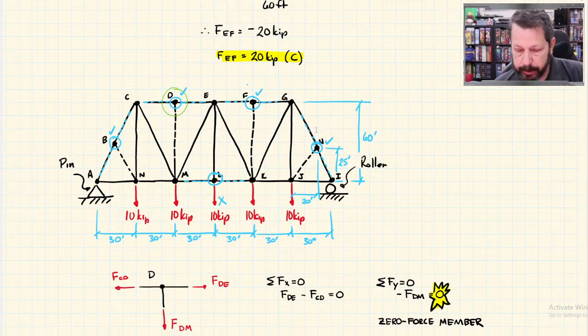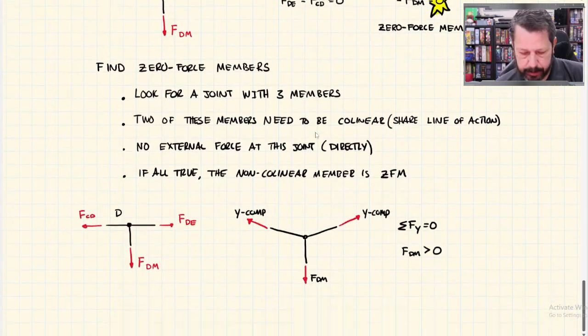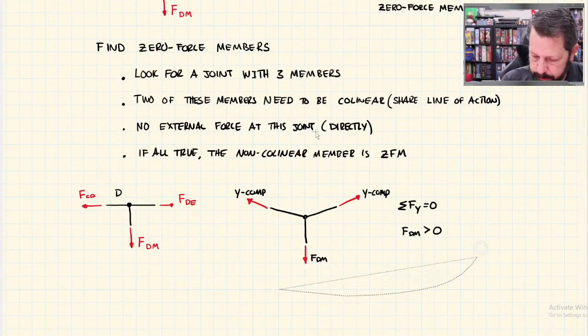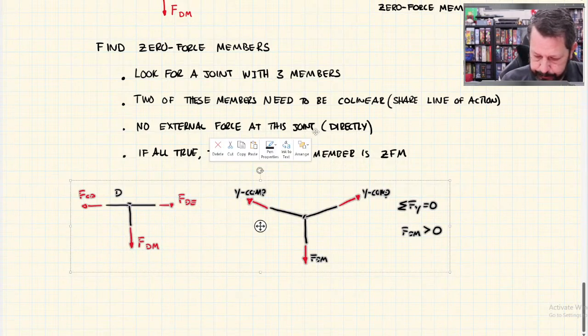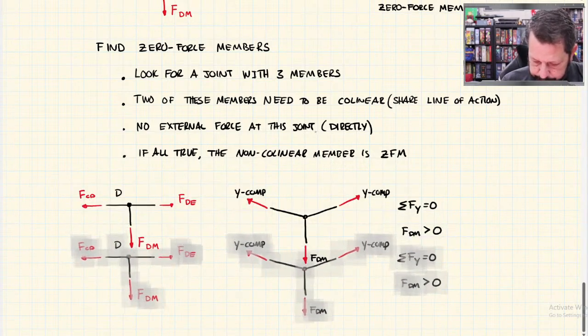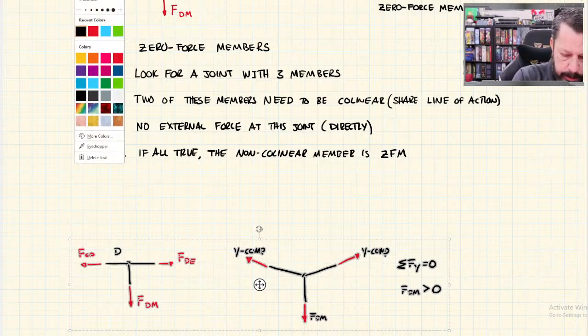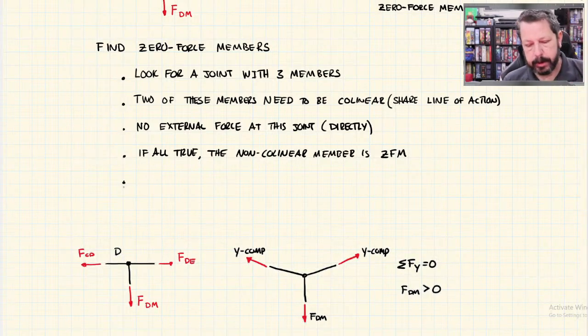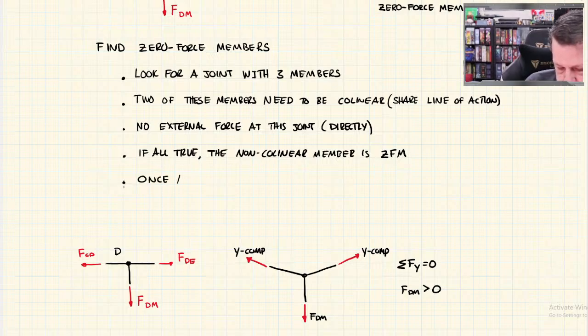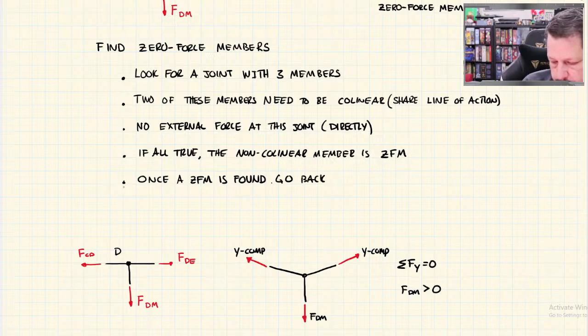So the other thing you can do is, let me move these down a little bit. I need to write one more line. Once you find a zero force member, you have to go back and check again.